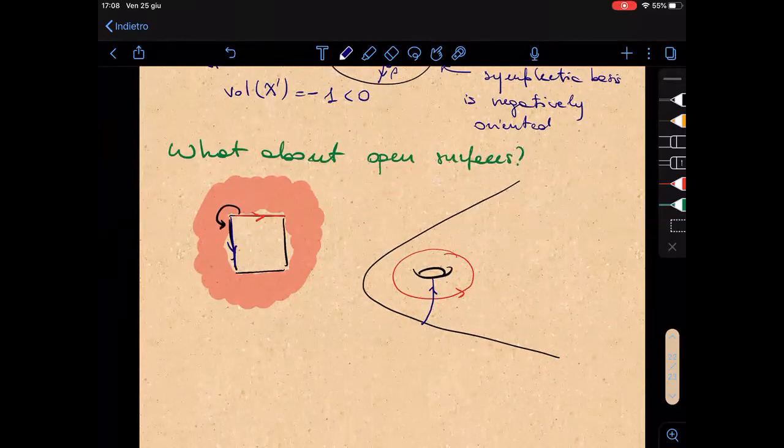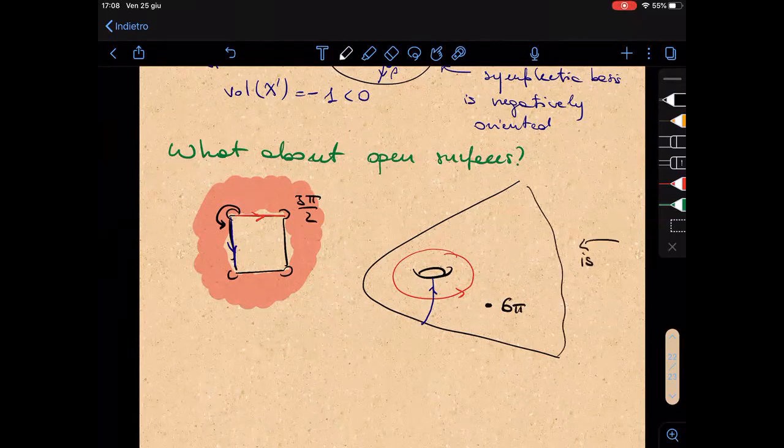What happens now if you look at the corners: each one is an angle of 3 pi over 2. So somewhere here there is one branch point of angle 6 pi. And the infinity is, say, a pole. What do I mean by pole?